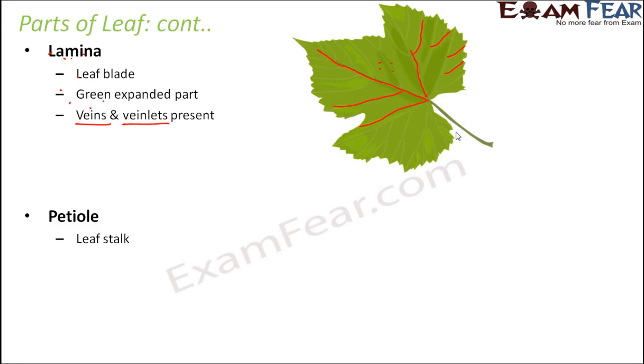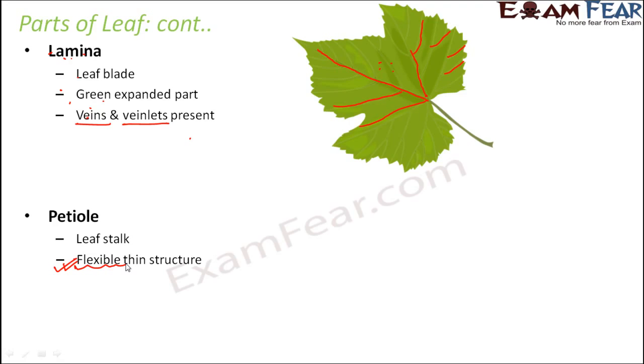The longer the petiole, the more fan-like the leaf will be and it will move more. So this petiole is a flexible, thin structure, and because of this flexibility, the leaves flutter in wind.